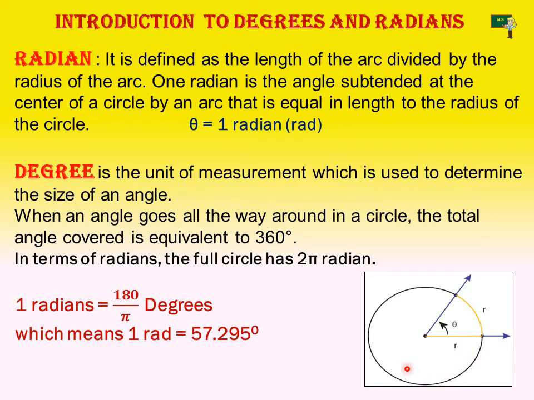In terms of radians, the full circle has 2 pi radian, so half the circle has pi radian. So 1 radian is equal to 180 degree divided by pi, which means 1 radian is equal to 57.295 degree.